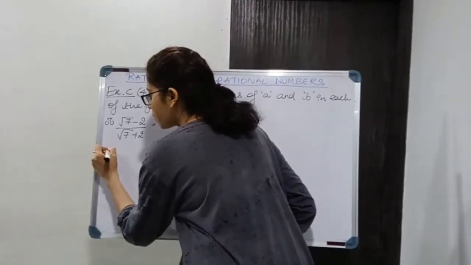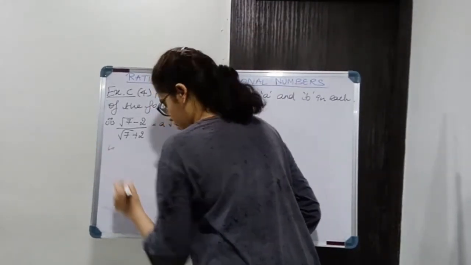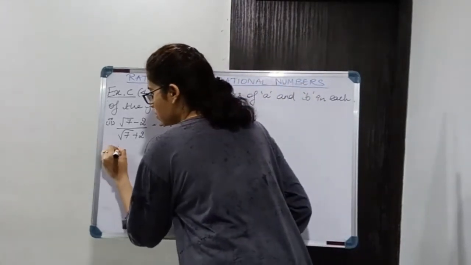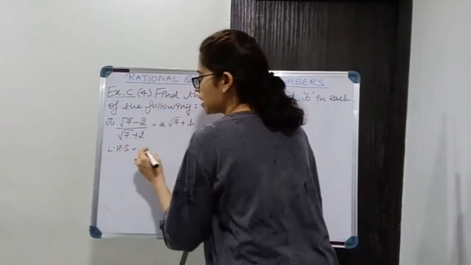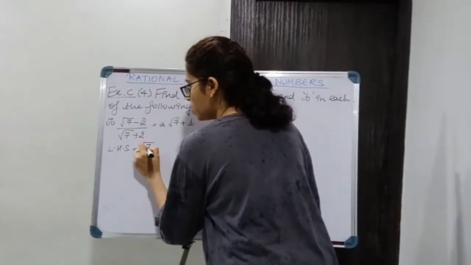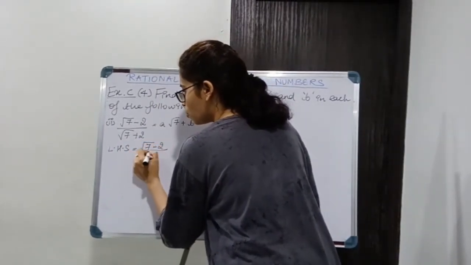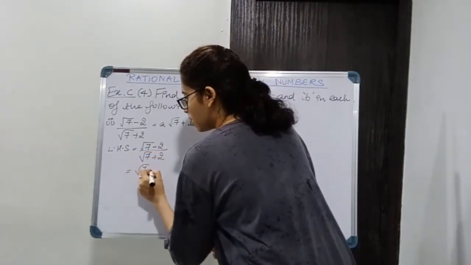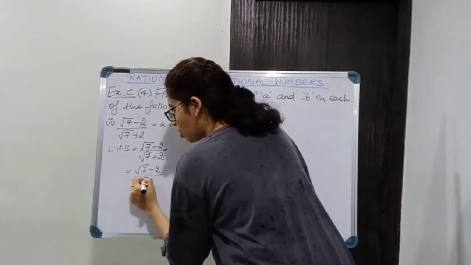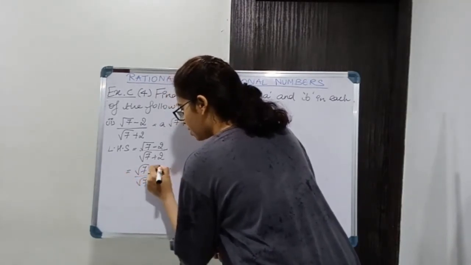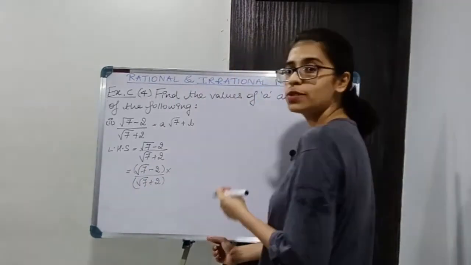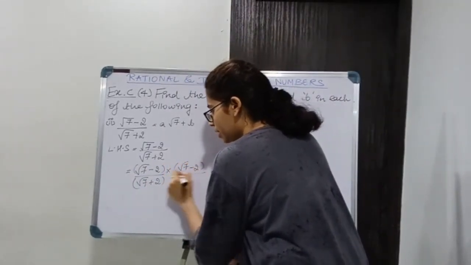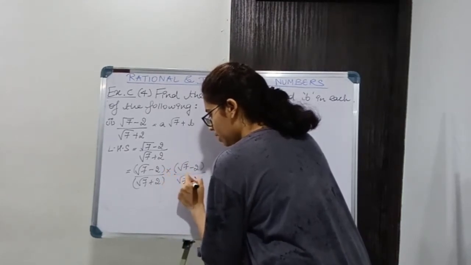So the LHS is root 7 minus 2 upon root 7 plus 2. I'll rationalize the denominator. तो इसका rationalizing factor हो जाएगा root 7 minus 2. I'll multiply both numerator and denominator by root 7 minus 2.